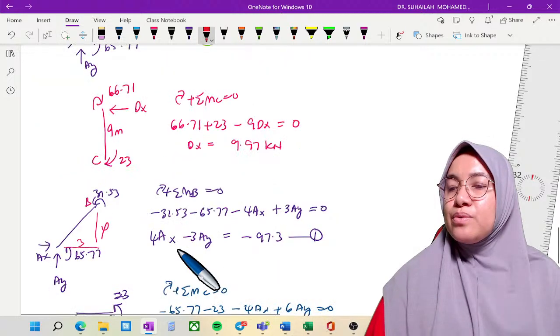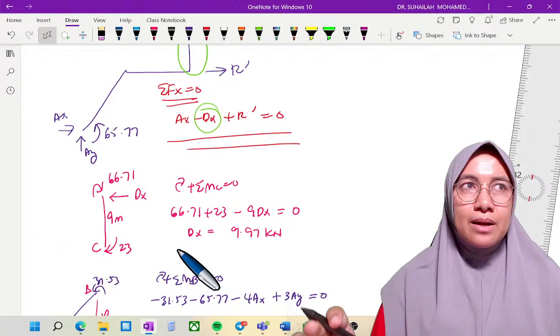Then we just need to substitute into the equation: AX minus DX plus R prime is equal to 0. So R prime equals DX minus AX.